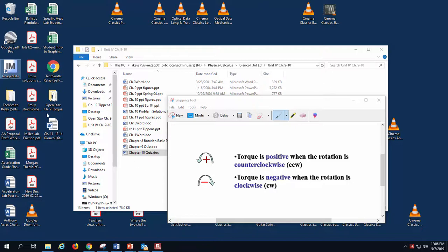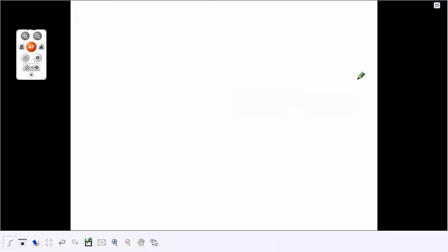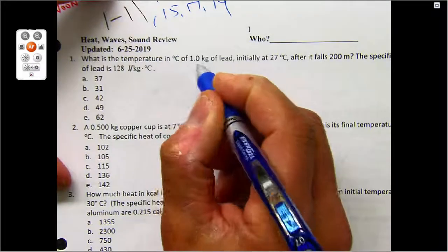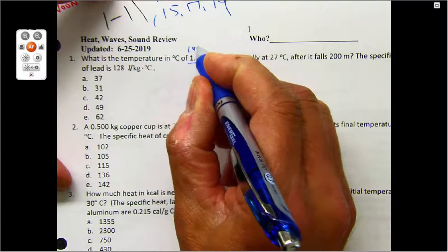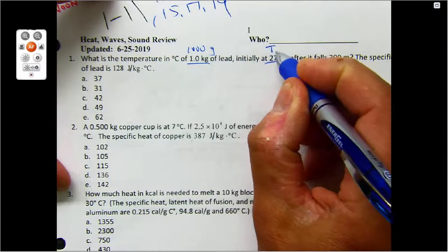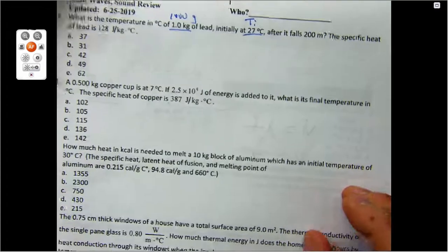We're doing number 1 on the quiz. The temperature in Celsius of 1 kilogram of lead. So we can do this at 1,000 grams. So this would be T initial, and I think it uses T sub i in this and not T sub o.